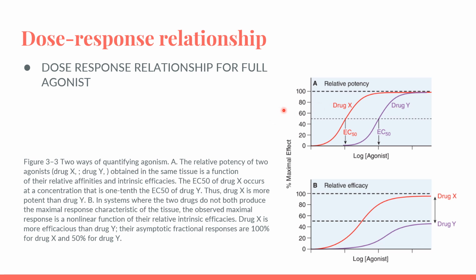Simply, what we can say is that drug X is much more potent than drug Y. Comparing EC50 means comparing potency, because we needed much less concentration of drug X to obtain an effect exactly the same as that of drug Y, but with higher concentrations.